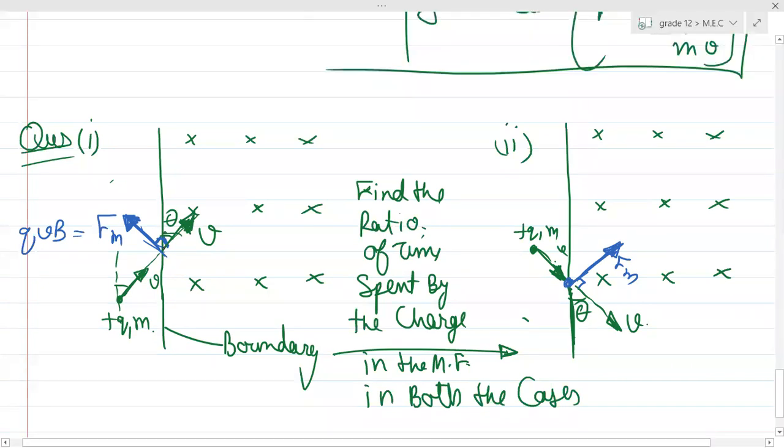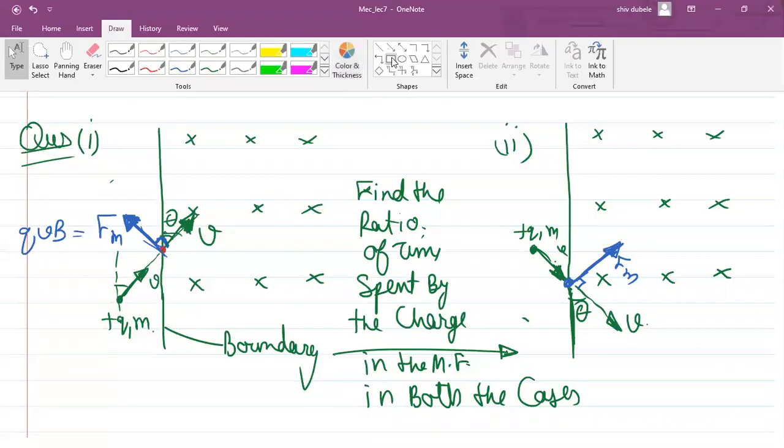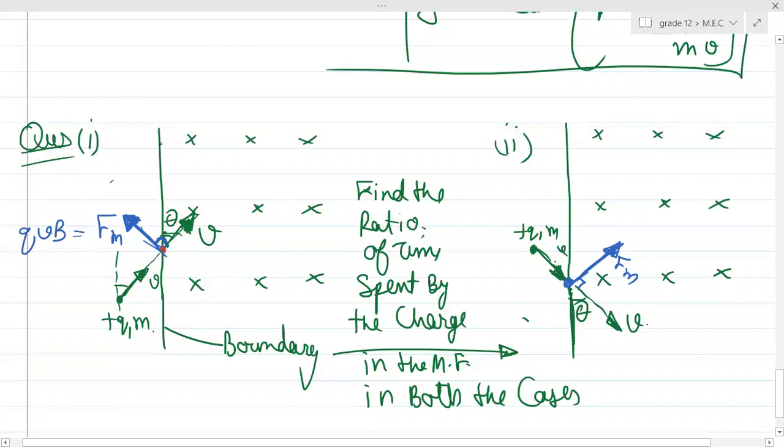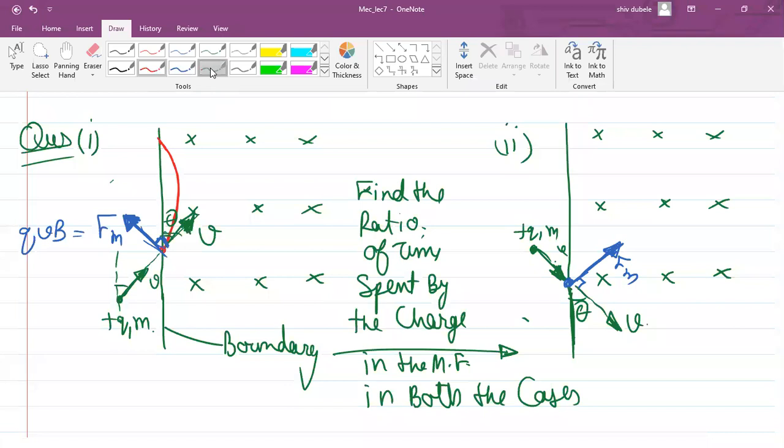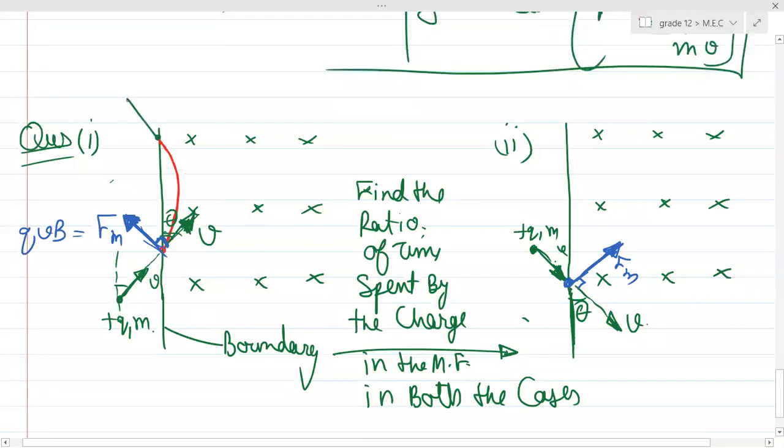due to which, if I draw the trajectory of this particle, the trajectory will look like this. Can you see this, guys? The trajectory will look like this. And the charged particle would leave here at a velocity v, same velocity v.